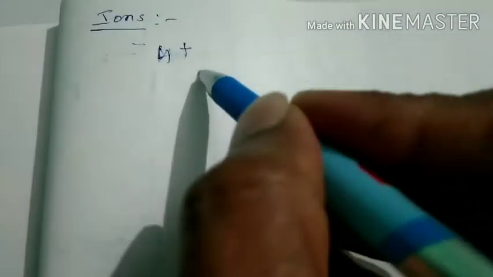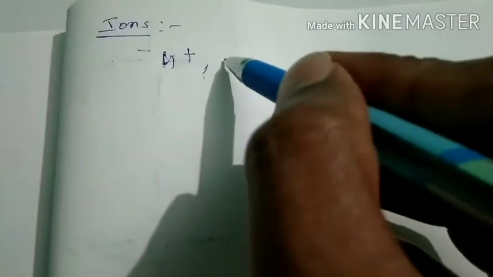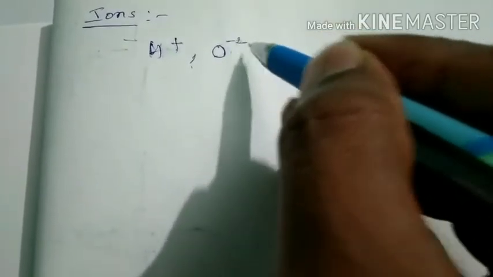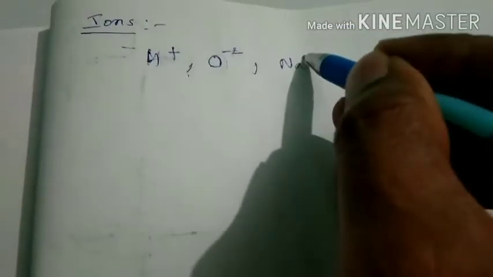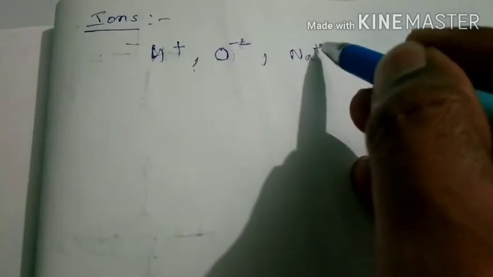For example, H plus. Here H contains positive charge. This is called an ion. One more example, O minus 2, that means oxygen contains minus 2 charge. This is also called an ion. Next, Na plus, that means sodium contains positive charge.